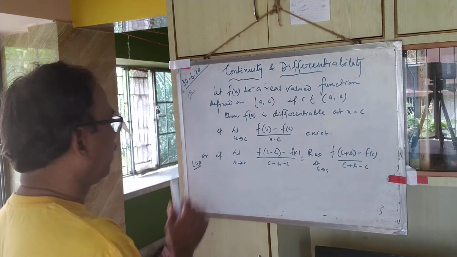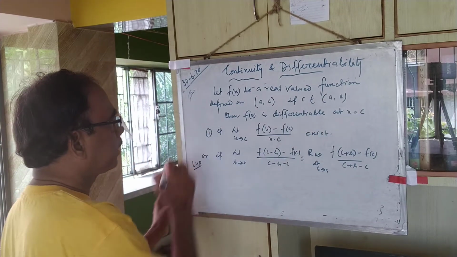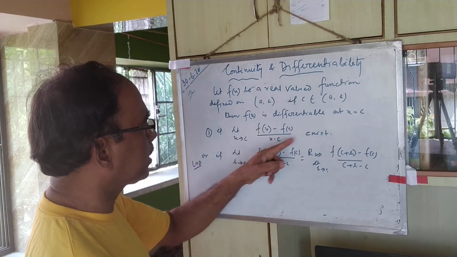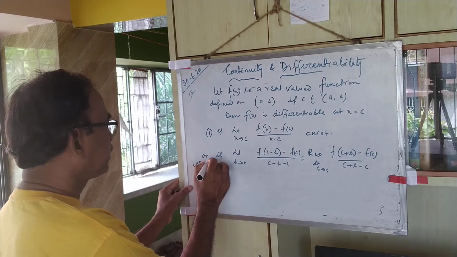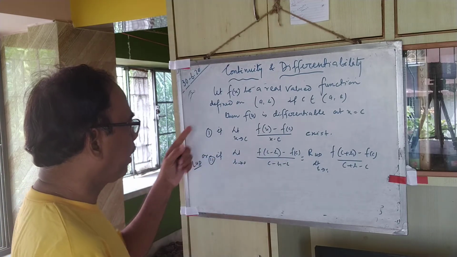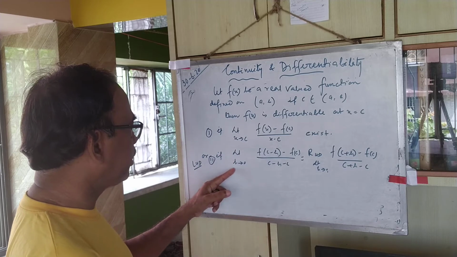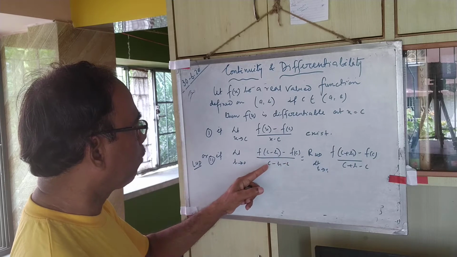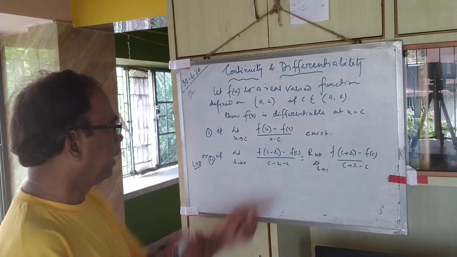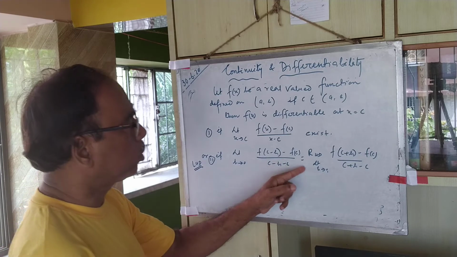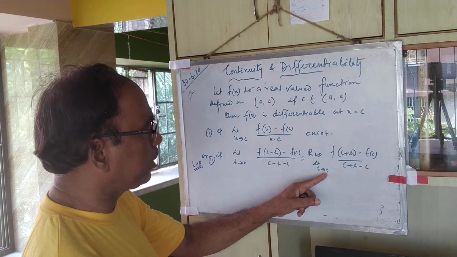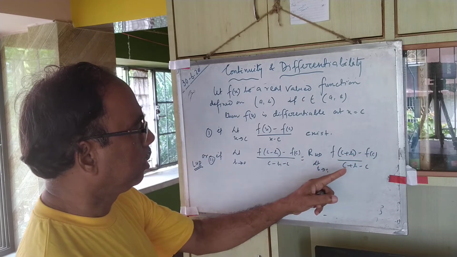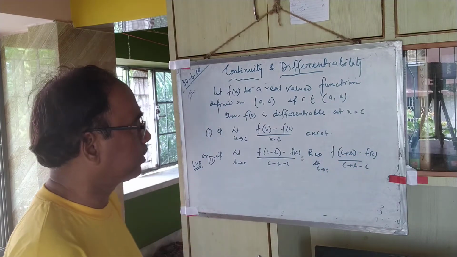if, condition number one, the limit as x tends to c of (f(x) minus f(c)) over (x minus c) exists. Or second condition, you can prove any one: the limit as h tends to 0 of (f(c minus h) minus f(c)) over (c minus h minus c), the left hand derivative, equals the right hand derivative, the limit as h tends to 0 of (f(c plus h) minus f(c)) over (c plus h minus c).